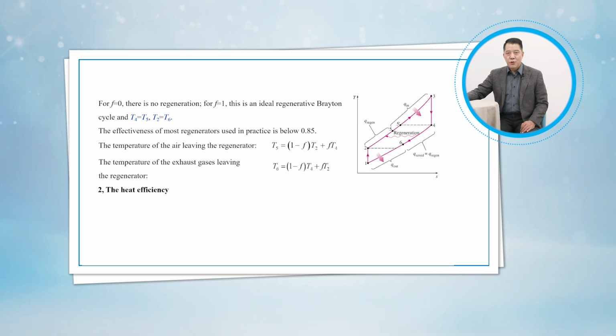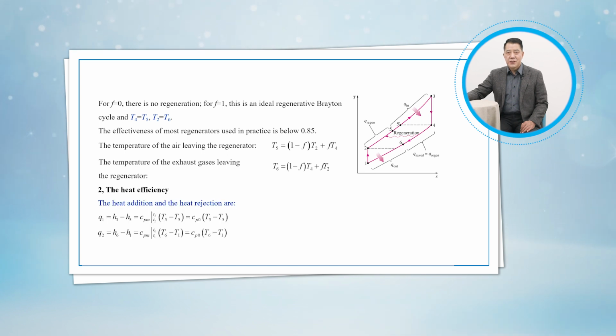Secondly, let's try to evaluate the thermal efficiency for the gas turbine engine with regenerator. By definition, the heat addition and the heat rejection are given. By definition, the thermal efficiency can be expressed as follows.